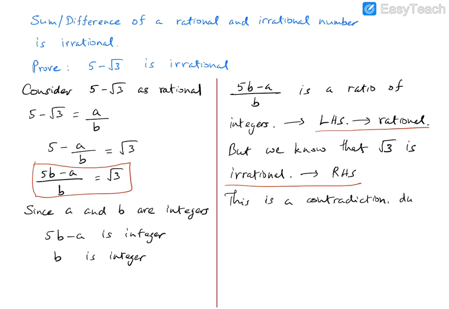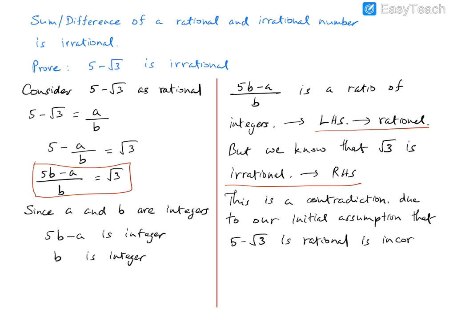It is due to our initial assumption that 5 minus root 3 is rational being incorrect.